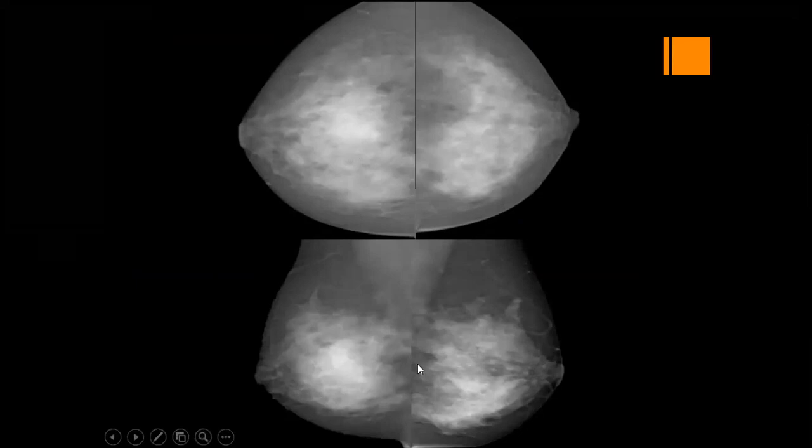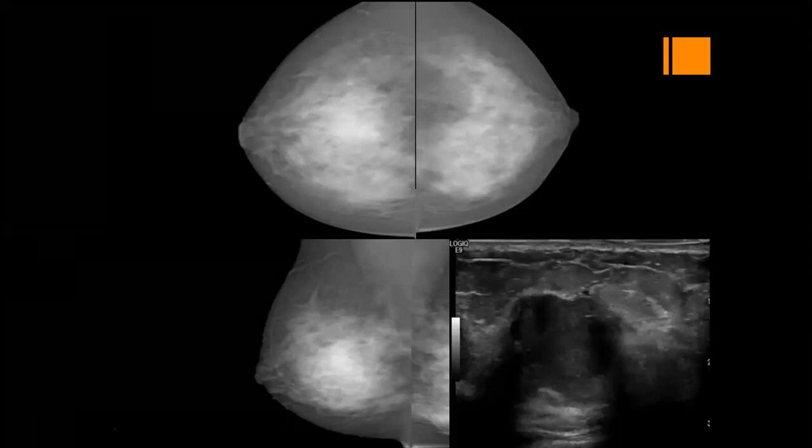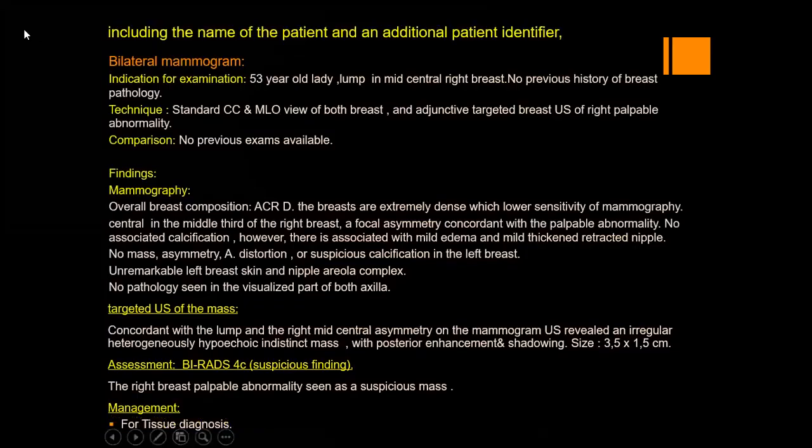Okay. There is focal asymmetry or global asymmetry in the right breast. So the ultrasound shows the same.